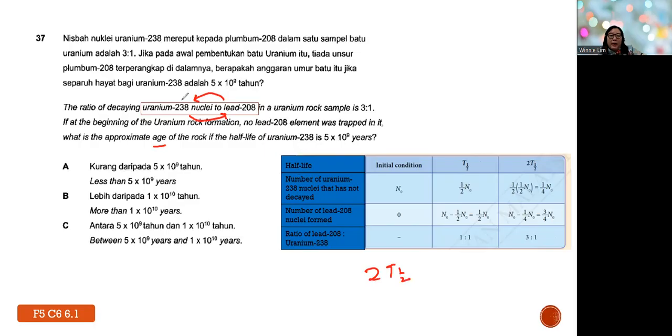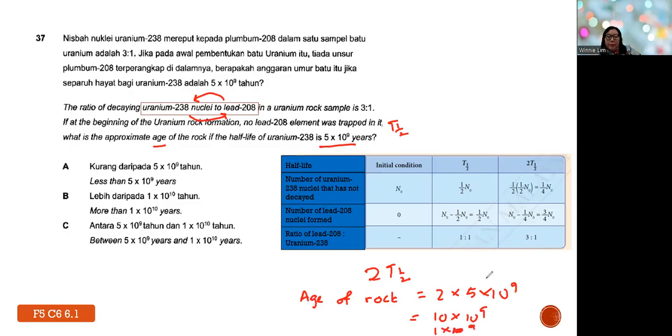Yeah, so hence the half-life here is 5 times 10 power 9. So the age of the rock will be 2 times 5 times 10 power 9. And you will get 10 times 10 power of 9. Then you change to standard form, it is 1 times 10 power of 10.